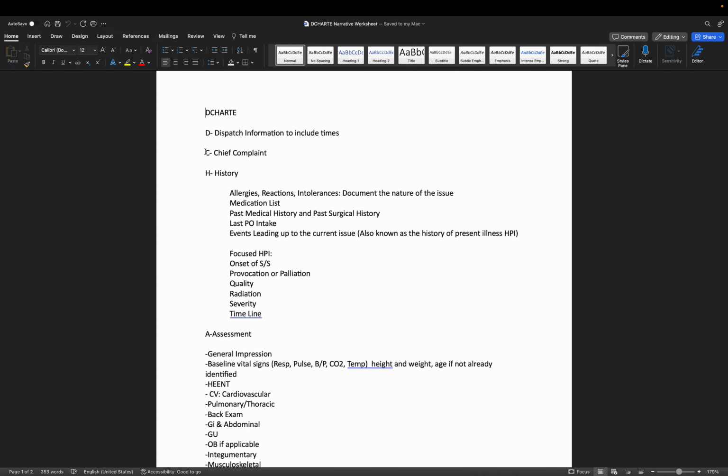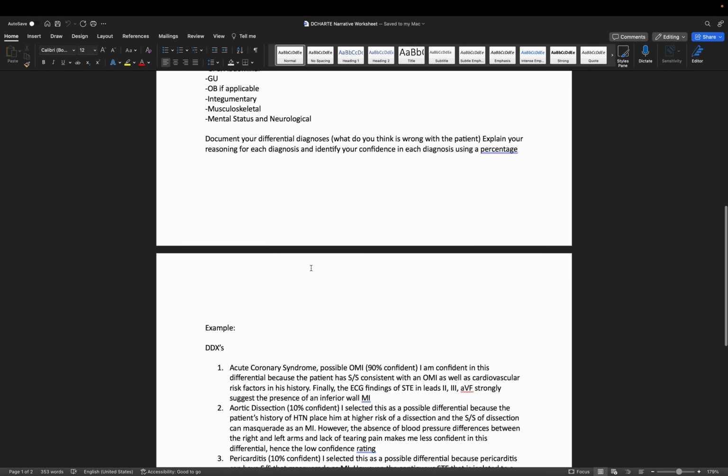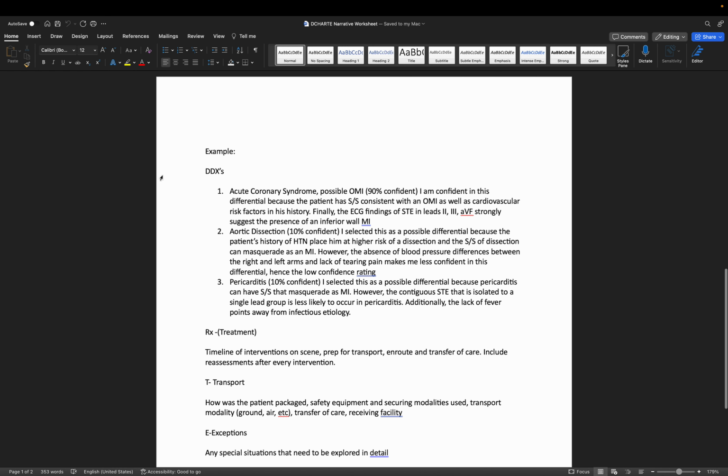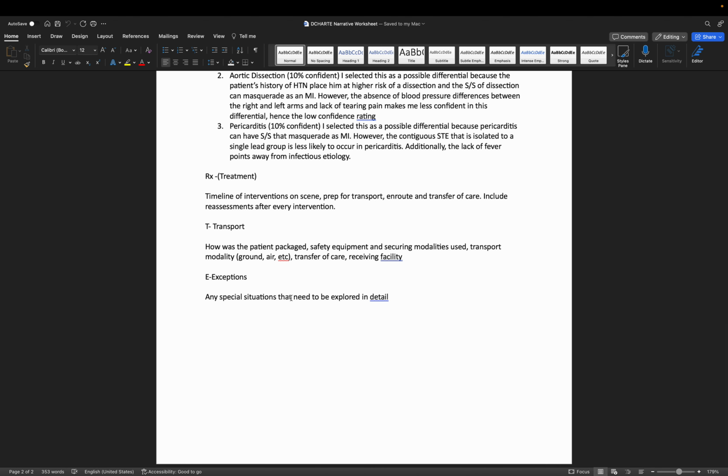Your dispatch, your chief complaint, your history, your assessment. Remember, we do require differential diagnoses, at least 3 of them, as well as documenting your confidence level and why you selected a specific confidence level, treatment, transport, and any special exceptions you want to discuss.